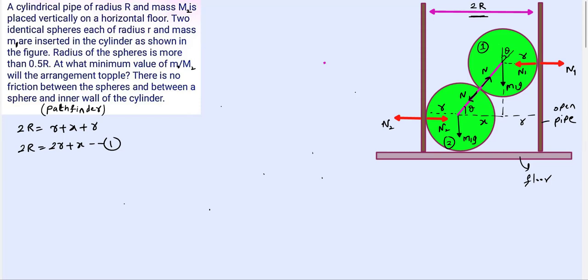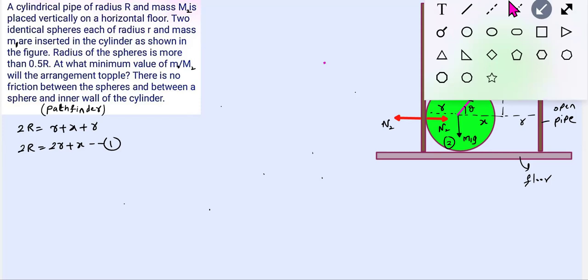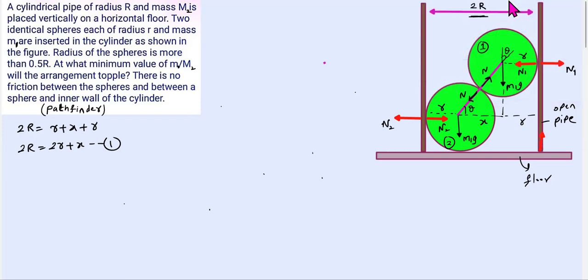The normal contact by the floor on the pipe will act at this particular point. And what about the second sphere?